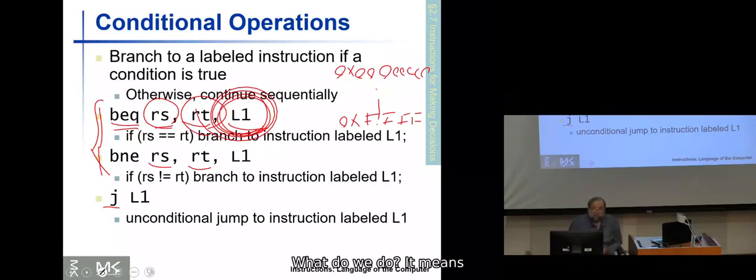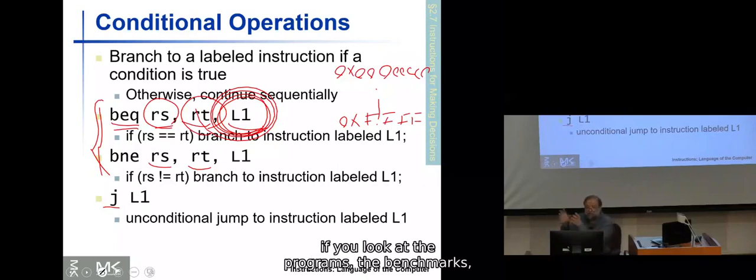So what do we do? It means that we cannot jump to wherever we want to go. Yeah, it means that. But we could think about it more. The designers thought about this, and they said, if you look at the programs, the benchmarks, usually we use branches for loops, for if something, do something.